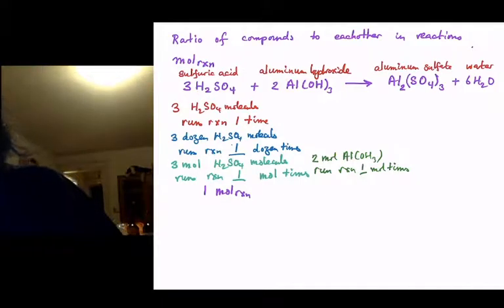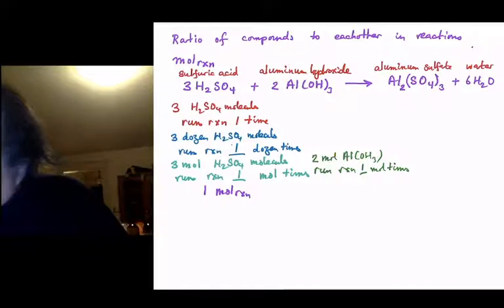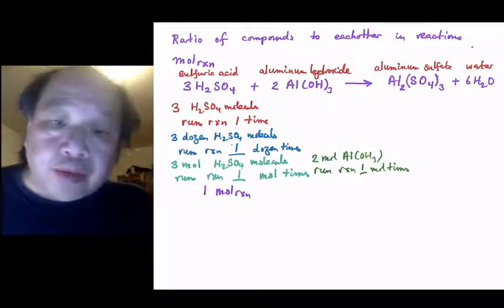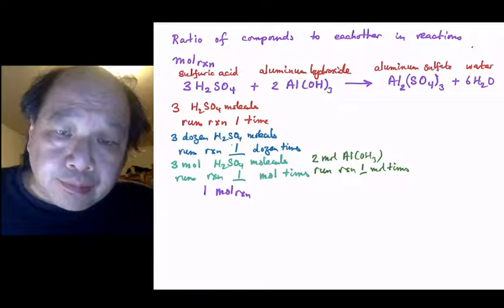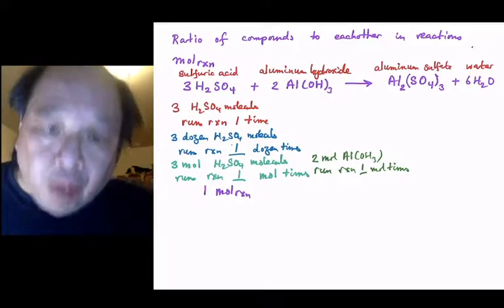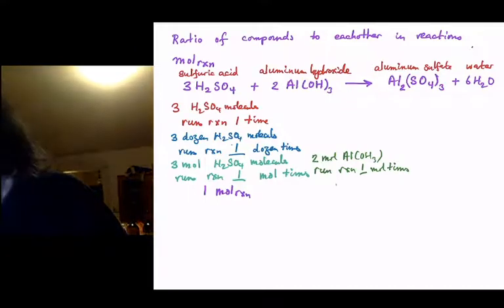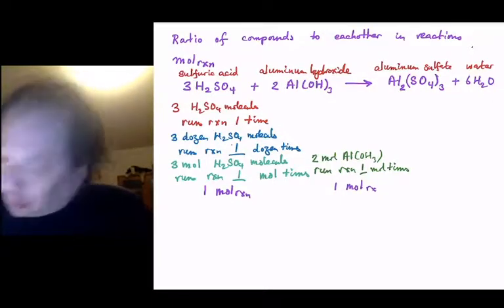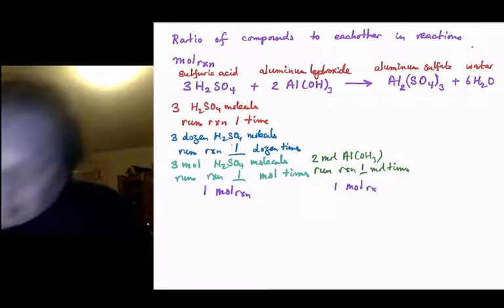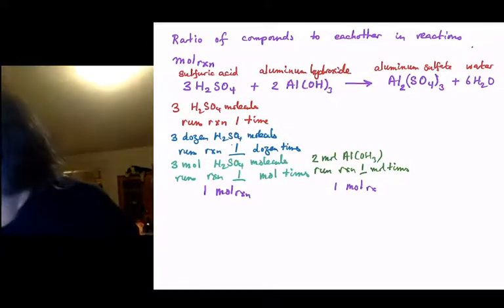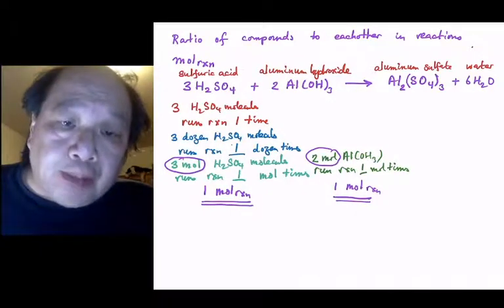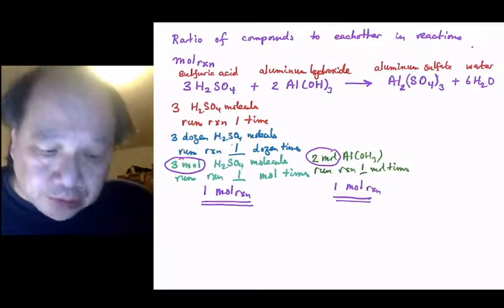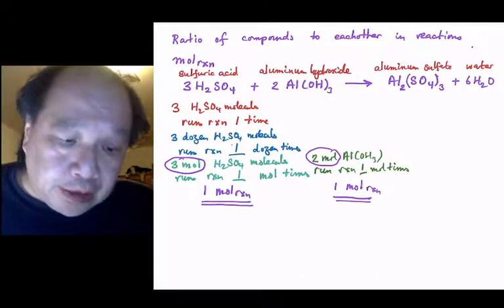And so what's the number of mole reactions that 2 moles of AlOH3 can run the reaction? Well, each time you run it 1 mole of times, that's 1 mole reaction. So 3 moles of H2SO4 can run the reaction 1 mole reaction times, and 2 moles of AlOH3 can run it 1 mole reaction times. And this respects the ratio of the coefficients in the balanced equation.